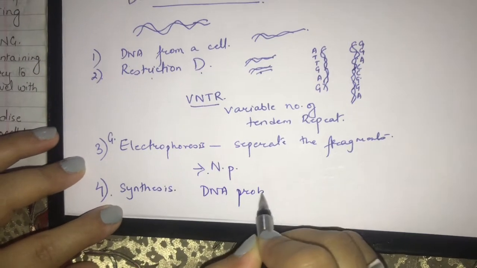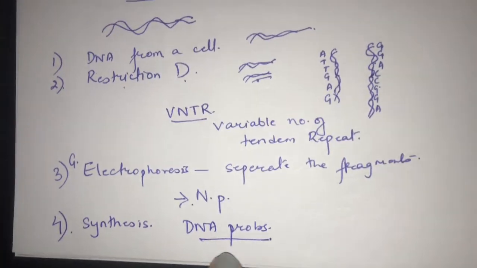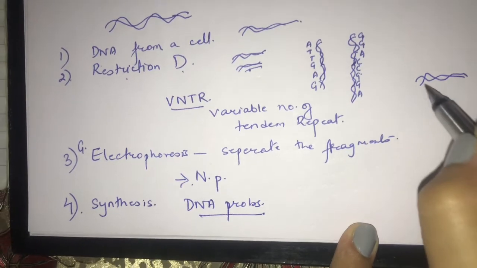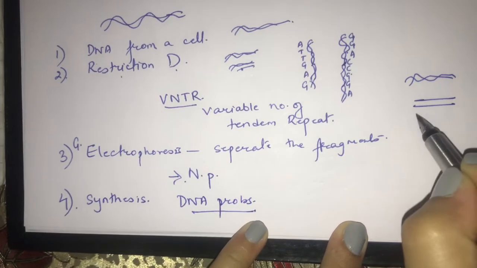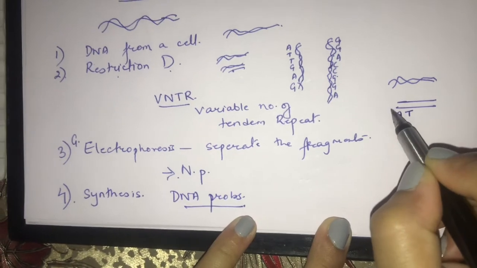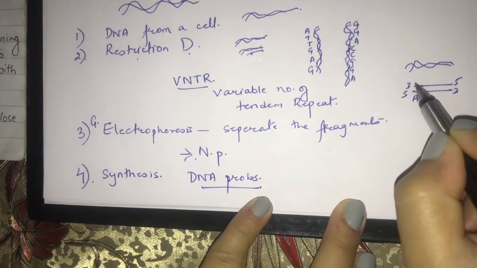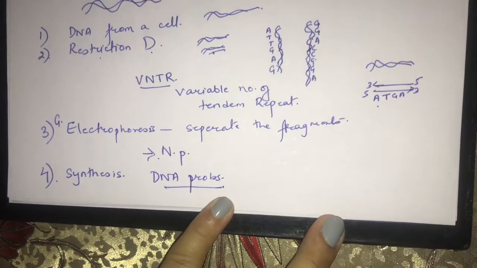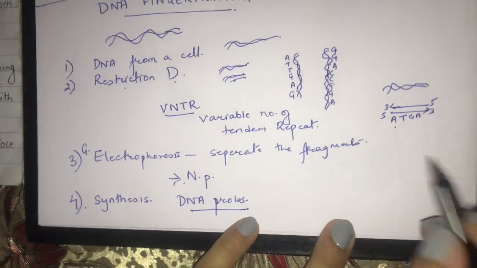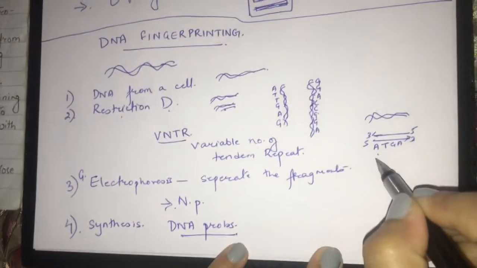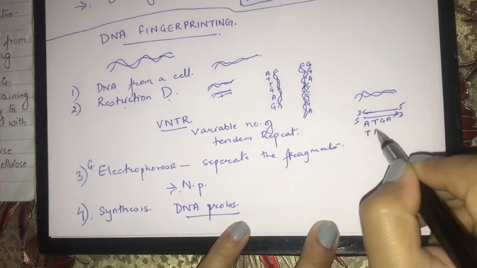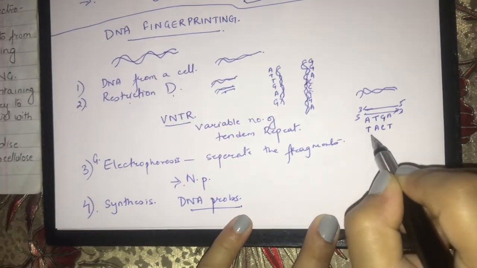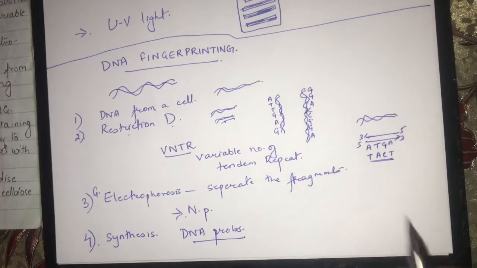DNA probes means, in a lab, if the fragment has, suppose if I unwind this, 5' to 3', A, T, G, A, like that, then the DNA probe which is synthesized in the lab should have T, A, C, T, like that, smaller fragments. So, that is DNA probes.